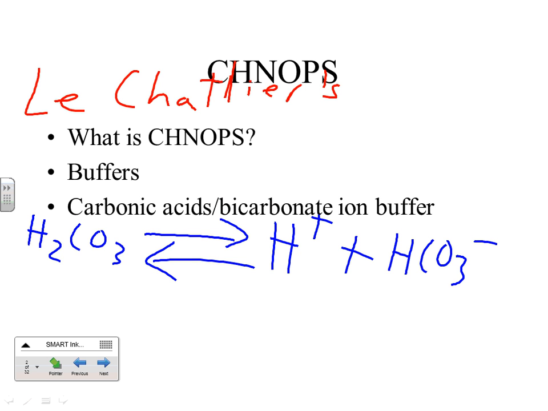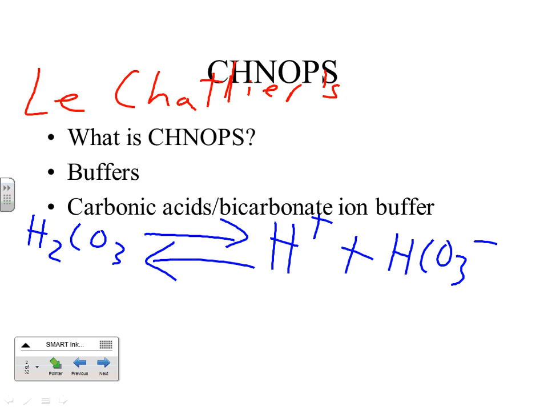Because now there's more of those than there ought to be floating through the blood. Your body doesn't want that. So you increased it by drinking Coke. What's your body going to do? If you increased it, your body wants to decrease it. And the way it decreases it is these two reactions, the one going left to right and the one going right to left. What can it change about those two reactions?